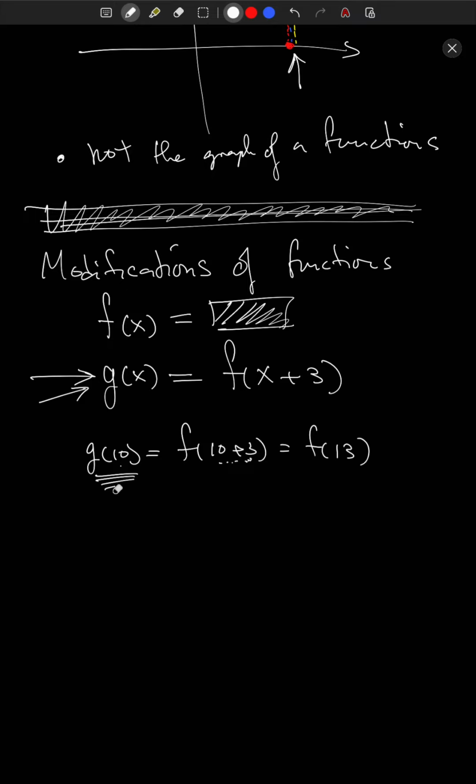This is a very, very common type of modification of a function, where you're given a function f of x and you want to change it by creating a new function g of x, where the new function has a slightly different input. The input is always x plus 3 into f when you input x into g.